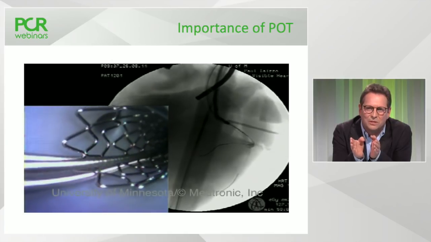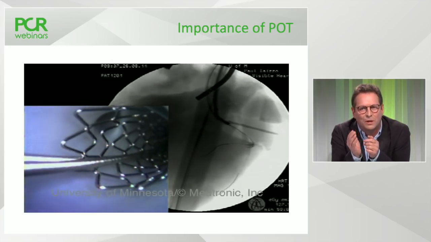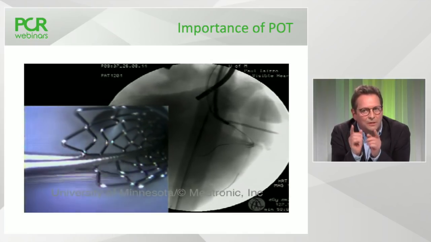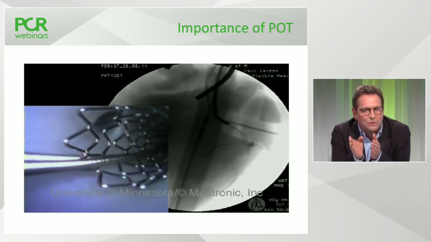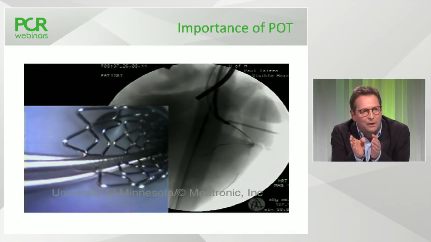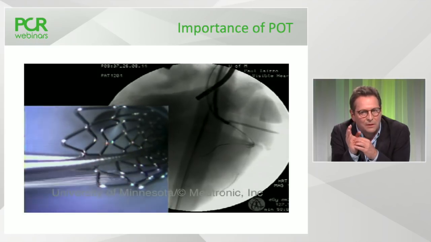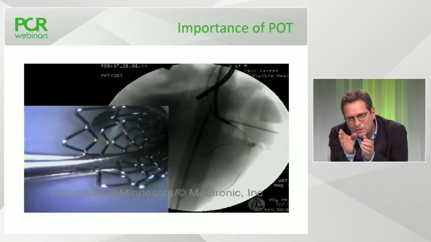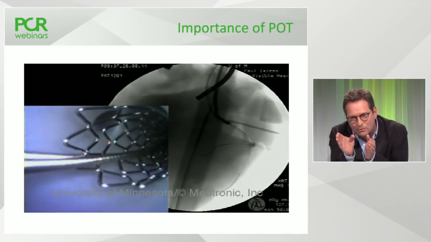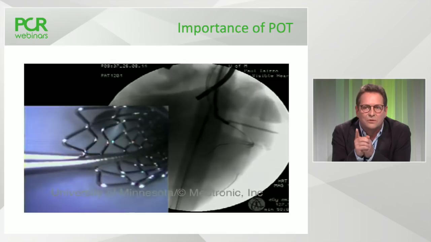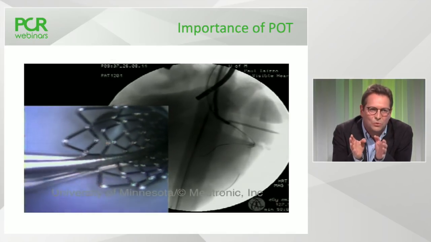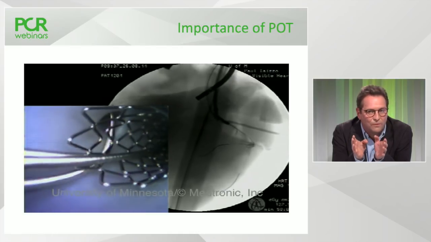And what you see is that it's very easy to go behind the proximal part of the stent with a wire, because this stent has been implanted with respect to the distal diameter, which makes a gap in the proximal part. That's not very easy to appreciate on the angiogram. It's not so clear in this video, but you can appreciate it on your right side. So that's the reason why, to make the procedure safe, we always do a POT before we go any further.